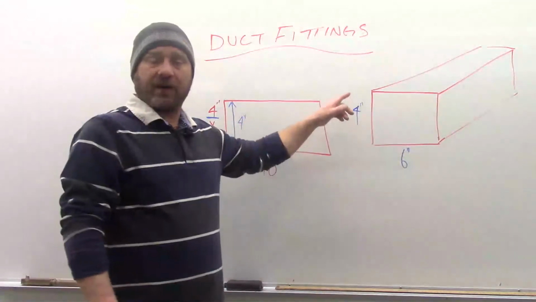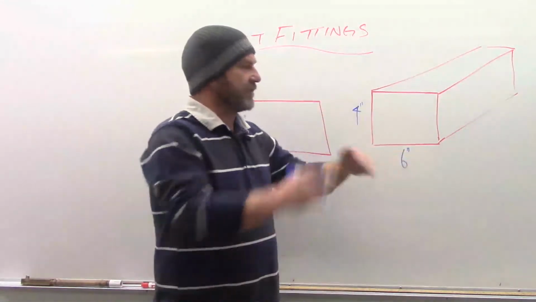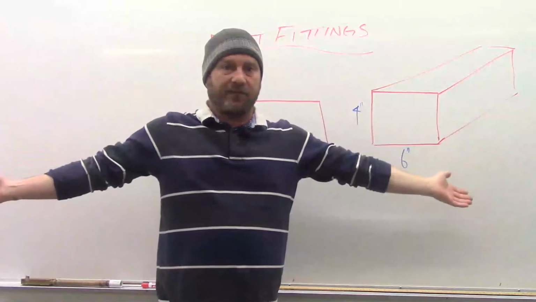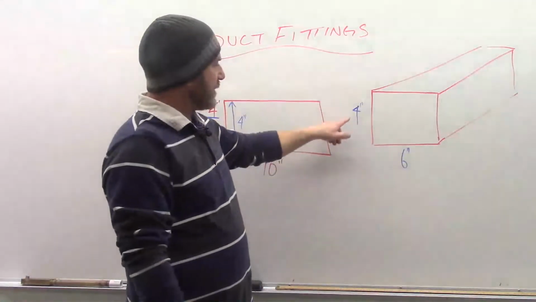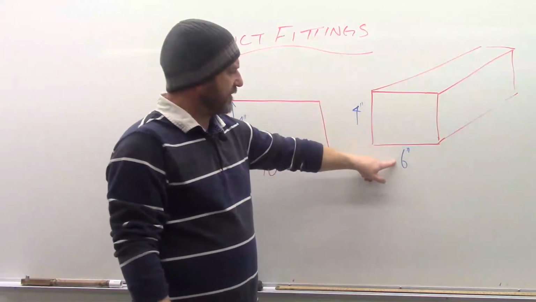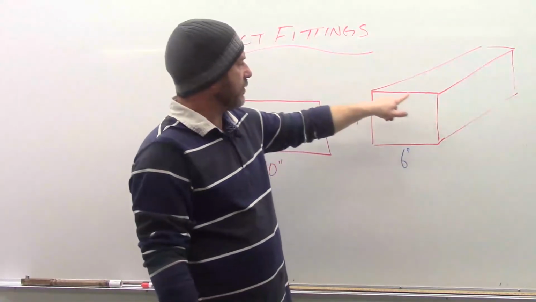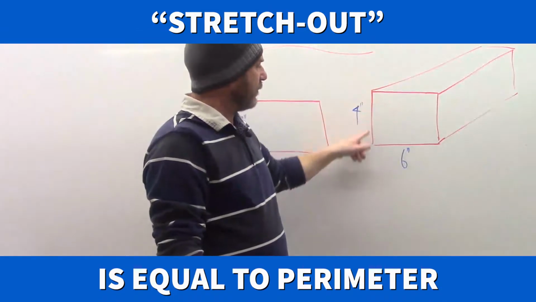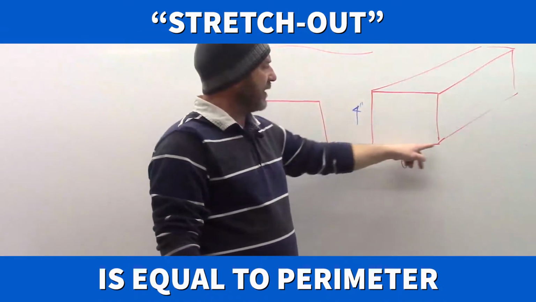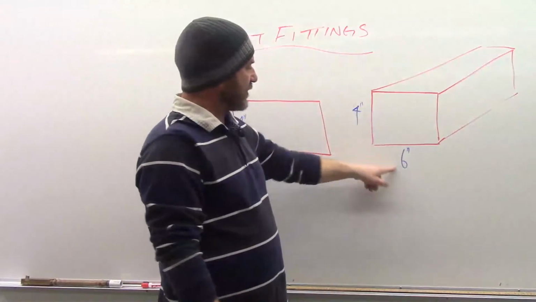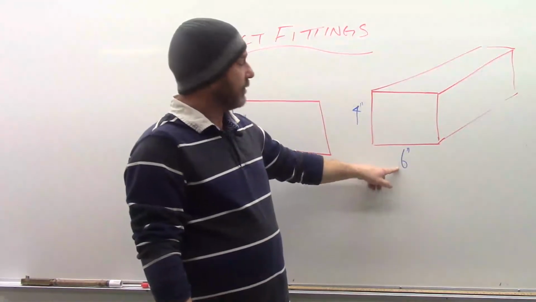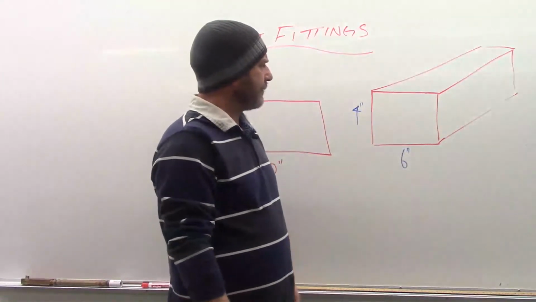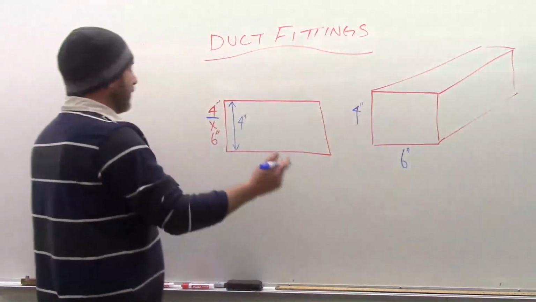And what we have to figure out is the stretch, what we call the stretch out. So taking that piece of duct and unfolding it. Okay? And that's going to be 4 plus 6 plus 4 plus 6. Or perimeter, right? Perimeter of a rectangle. So we're just adding all the dimensions up. 4 plus 6 is 10, plus another 10 is 20. Okay, so our stretch out is 20.